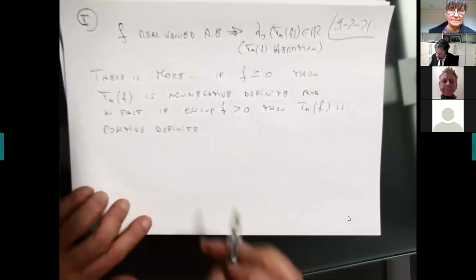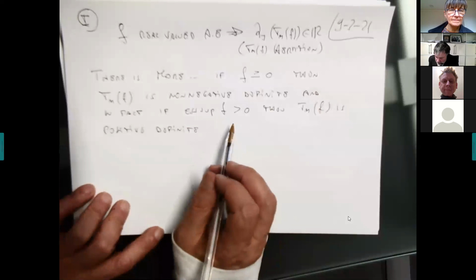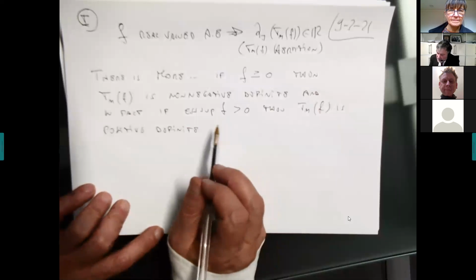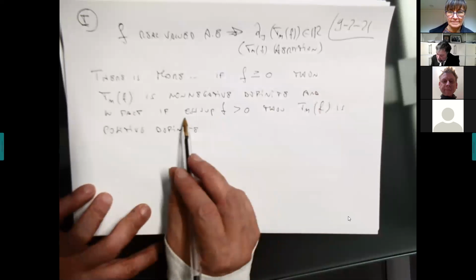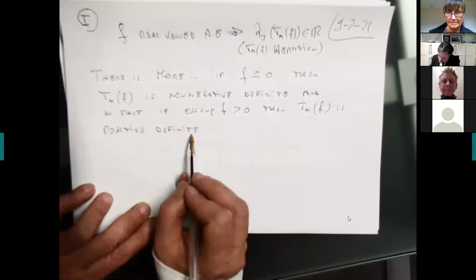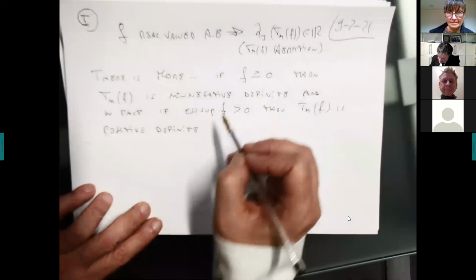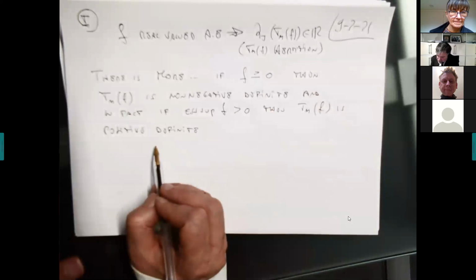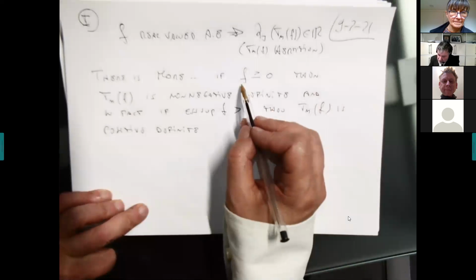This claim looks a bit too mathematical. Let's think of f just continuous. I'm telling that if the maximum of f is positive, then Tn of f is positive definite. Which means another thing, that the only case where the matrix is not positive definite is the case where f is identically 0.